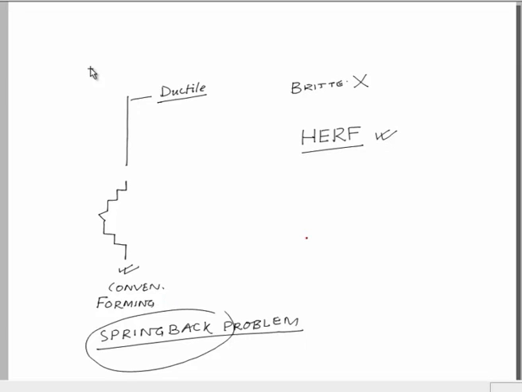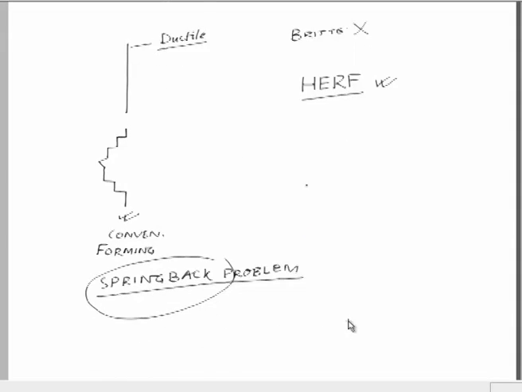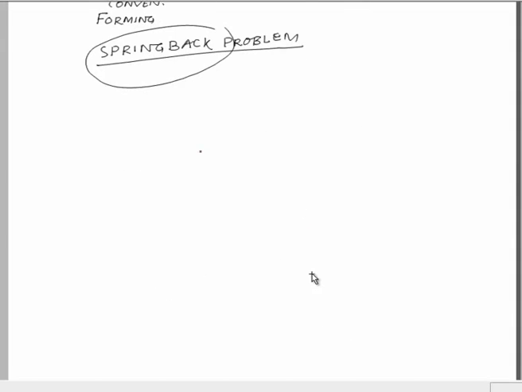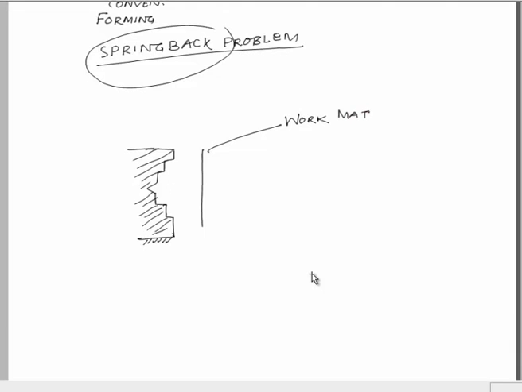So, here the principle is something like this. Suppose we have a sheet to be formed, then we have a die here of the required shape that is to be formed. Say this is the die, which is reusable, of course, and it is very firmly held here, and this is the sheet, the work material to be shaped.